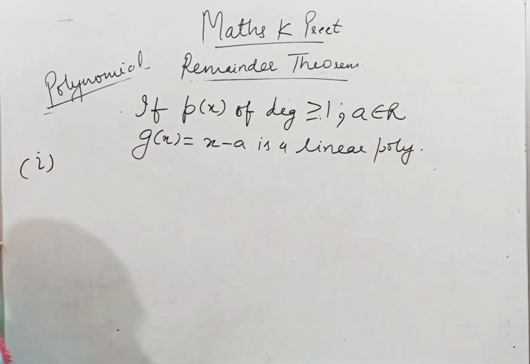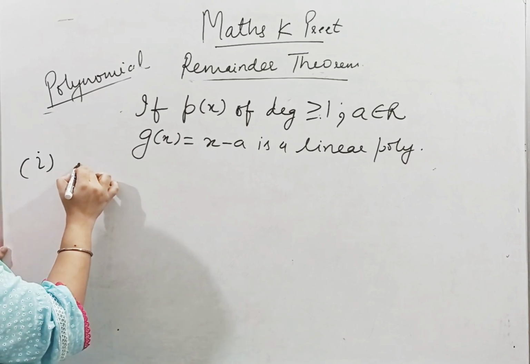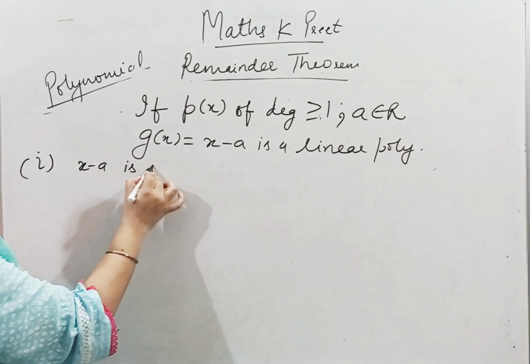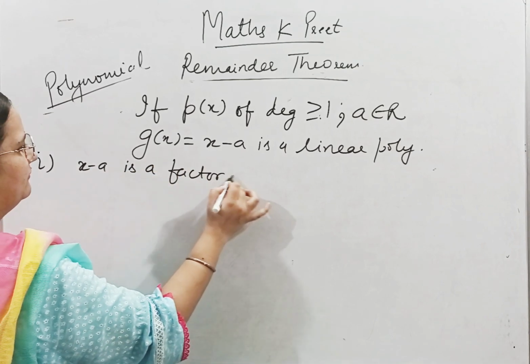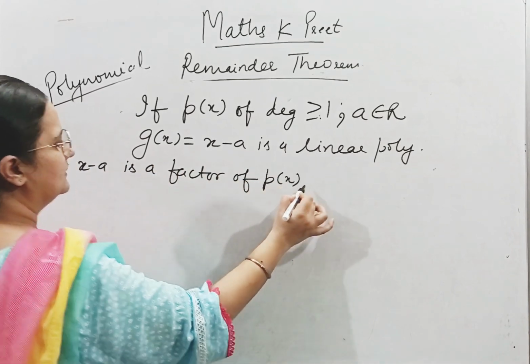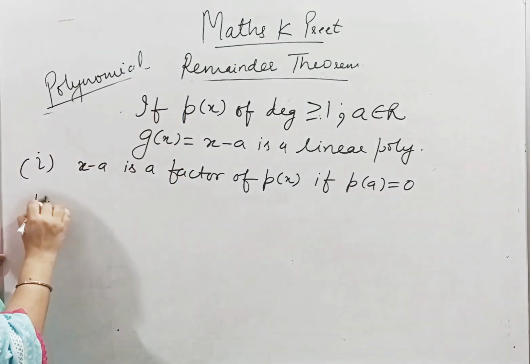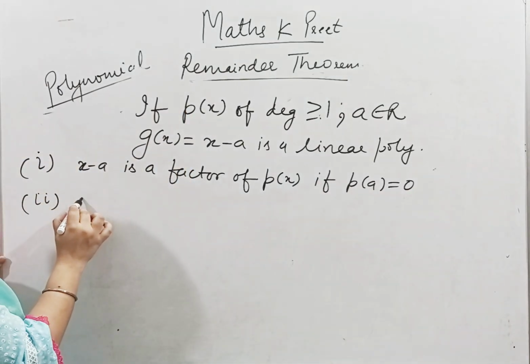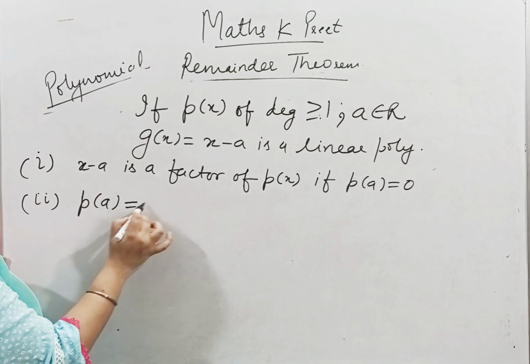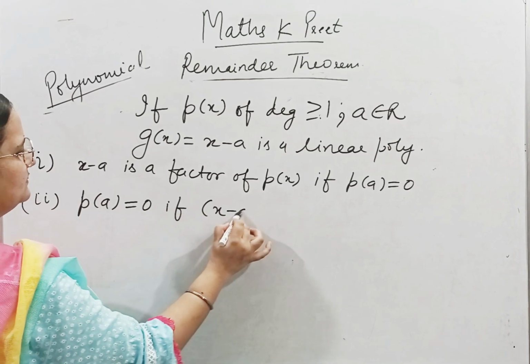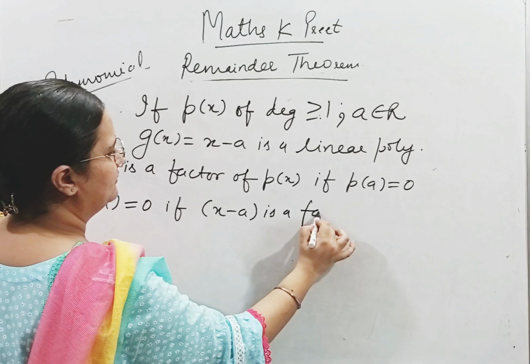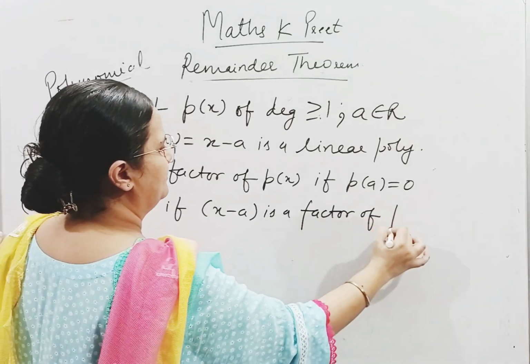Number one, x minus a is a factor of p of x if p of a is equal to 0. Second is, p of a is equal to 0 if x minus a is a factor of p of x.